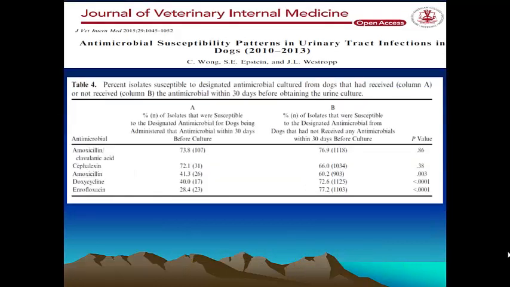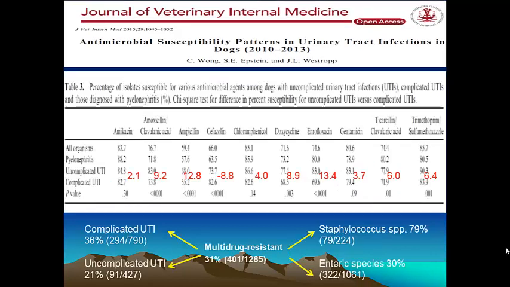And again, the proportion of multi-drug resistant isolates was much higher for complicated urinary tract infections, 39%, compared with the dogs that had uncomplicated infections, only 21%.